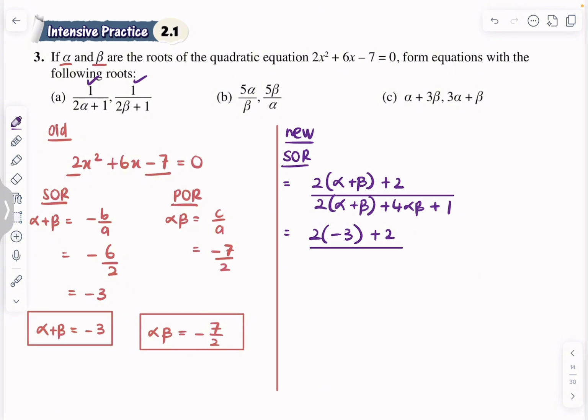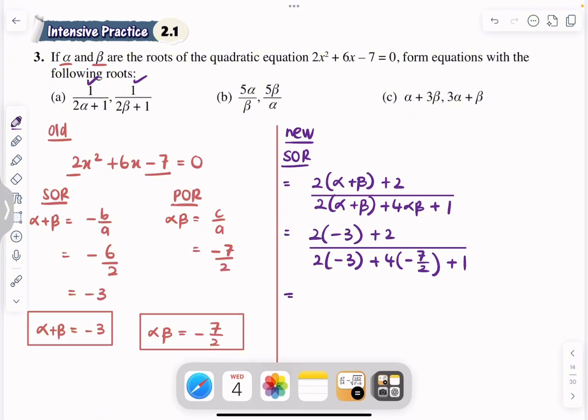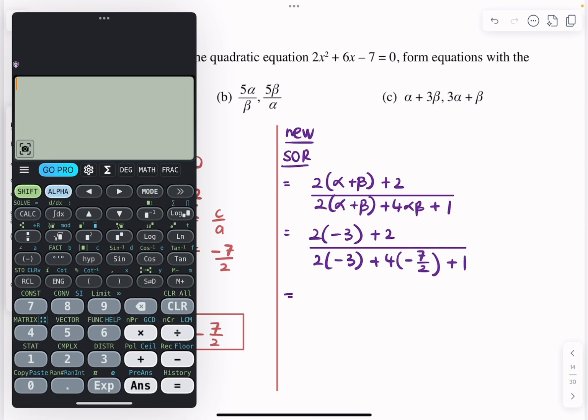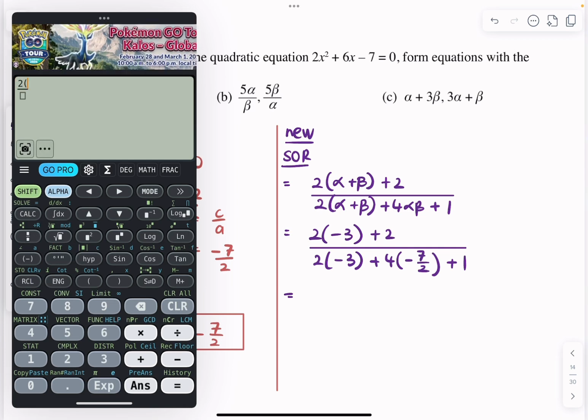This one you can just type in your calculator straight. Put a fraction here. So 2 times negative 3 plus 2.